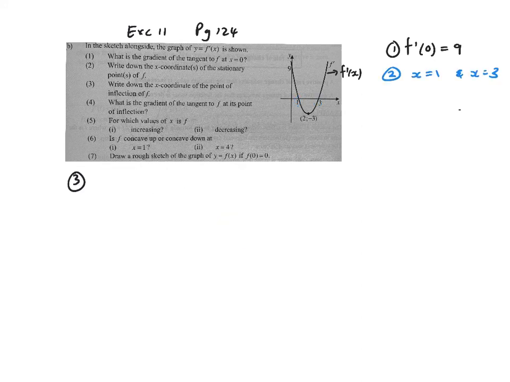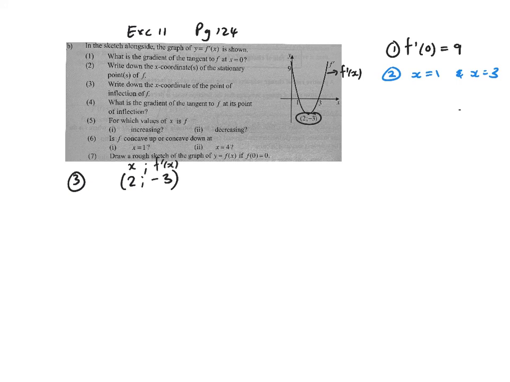Next up, write down the coordinate of the point of inflection, and again, let's have a look at that. What we have here is the stationary point of the derivative function. In other words, we know it is (2, -3). It's a turning point of the derivative function. So that is x, and that is f prime x, right?